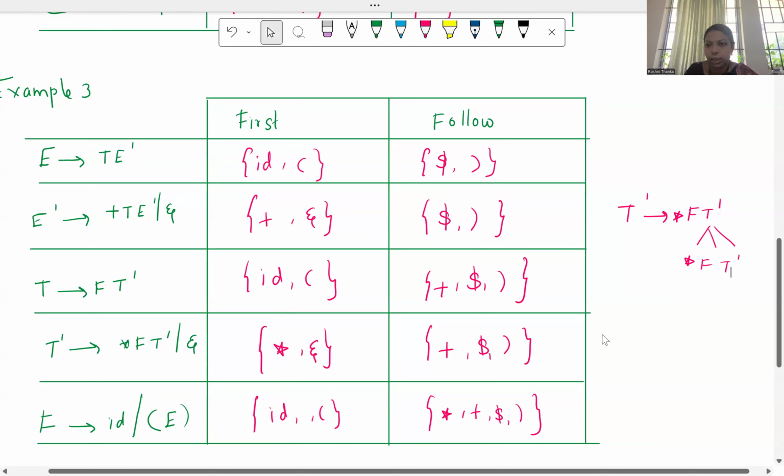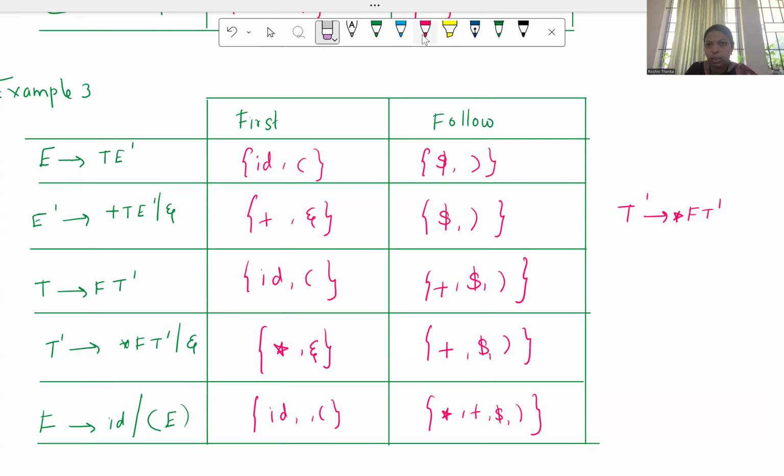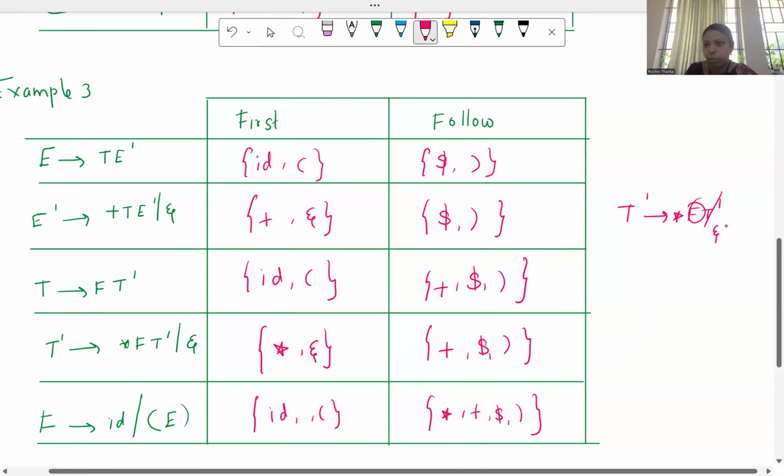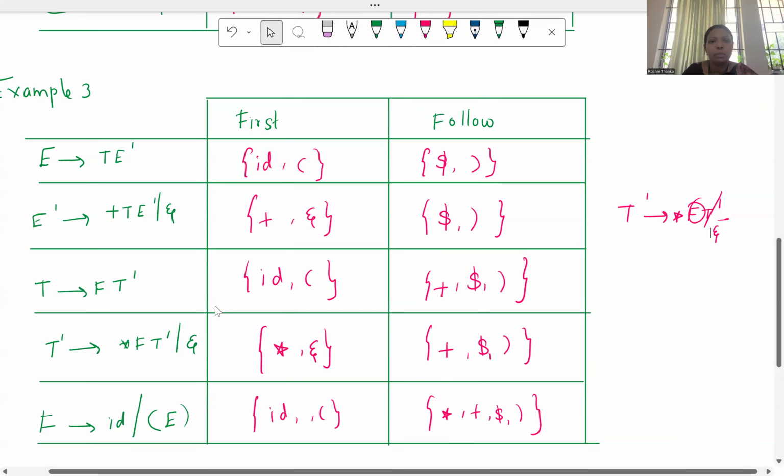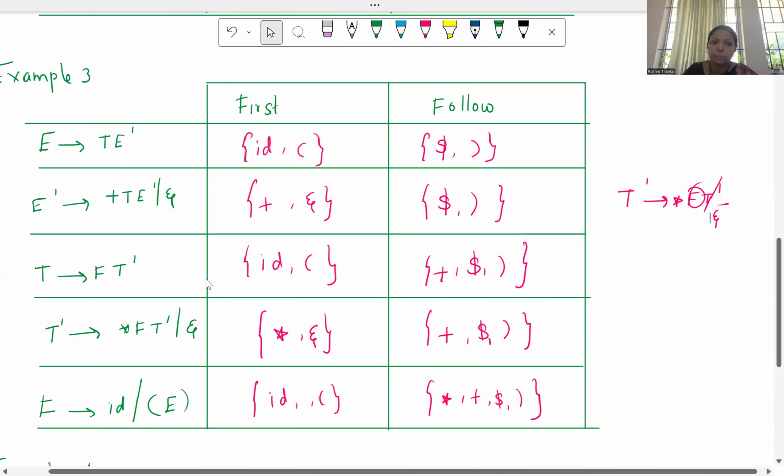So star is already there. So again, T dash has one more option. What is that? Epsilon. So if it is epsilon, which means empty, F is followed by nothing means follow of T dash. Follow of T dash contains what? Plus dollar and close parenthesis. So plus dollar and close parenthesis is already there. That's it. So this is how we have to find the first and follow for this grammar.